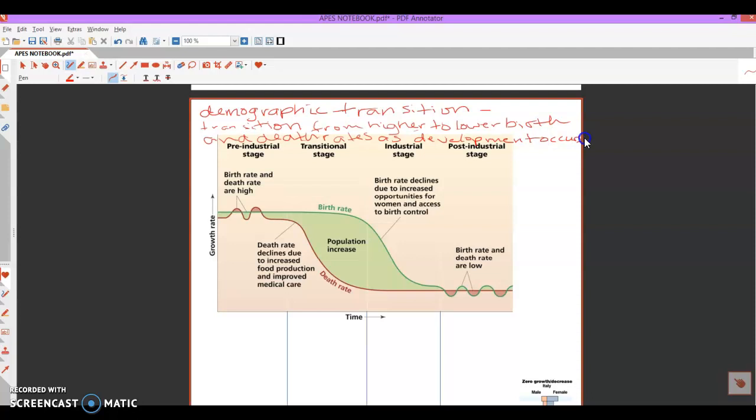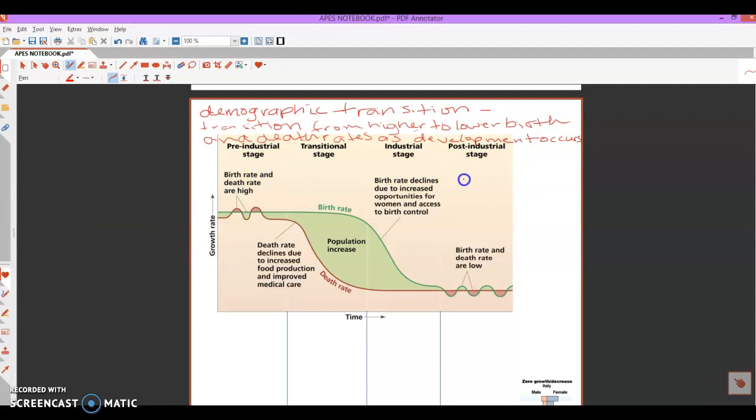So again, we're looking at the process a country goes through in shifting from developing to a developed country. Okay, so we're going to look at this stage by stage. And I want you to keep in mind that every single country will progress through each one of these stages.